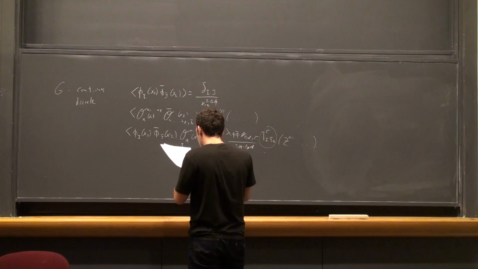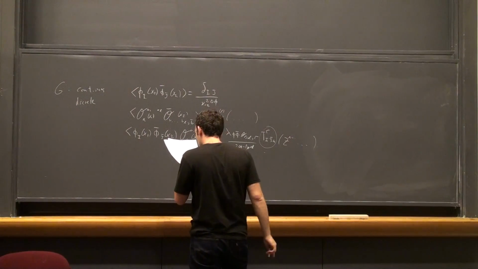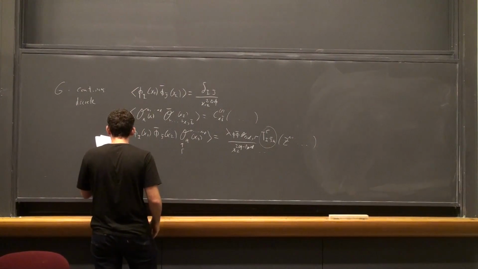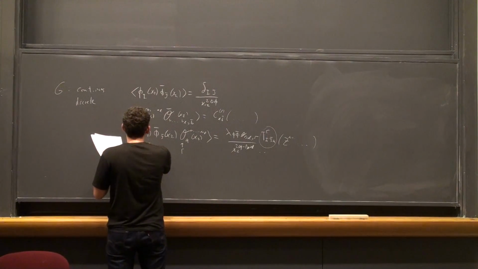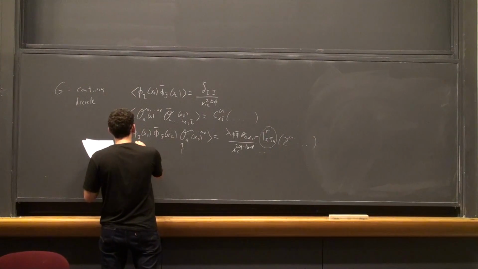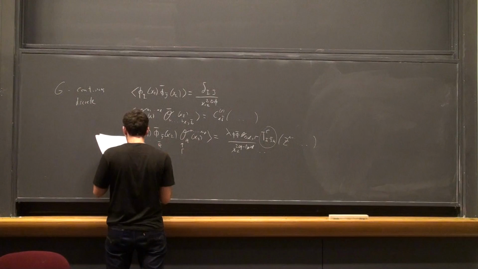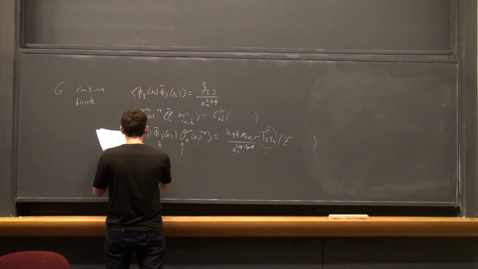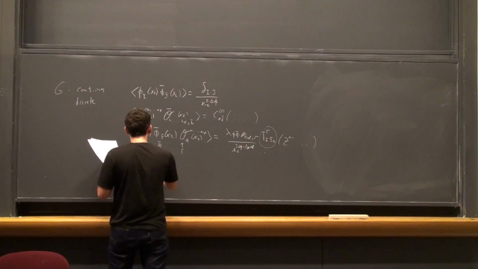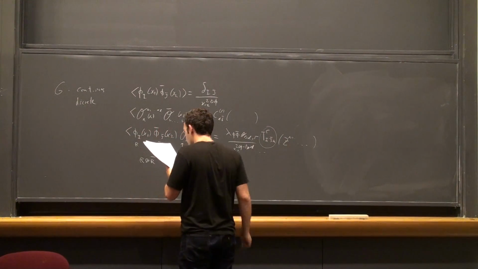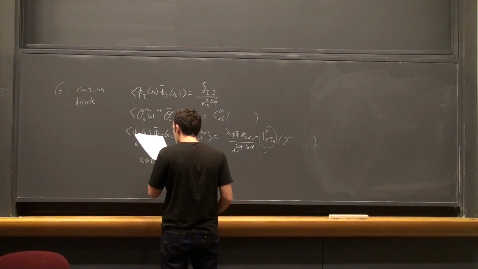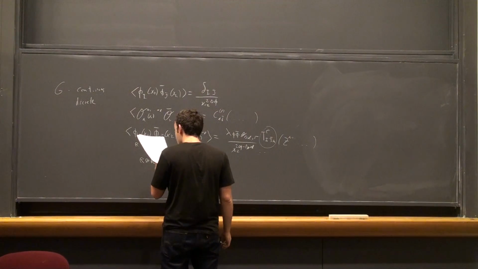Some comments we can immediately make about this three-point function: say phi is in representation capital R, and phi bar would be in representation R bar. If you look at operators in the tensor product of R with R bar, which are the operators that would appear in this three-point function, you can choose a basis such that they are either real or come in complex conjugate pairs.